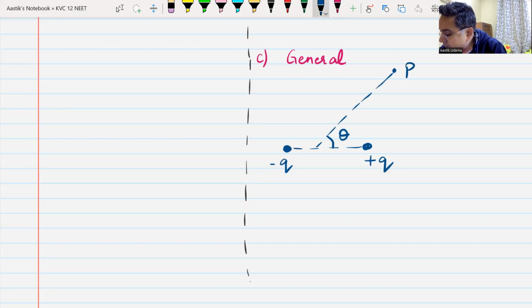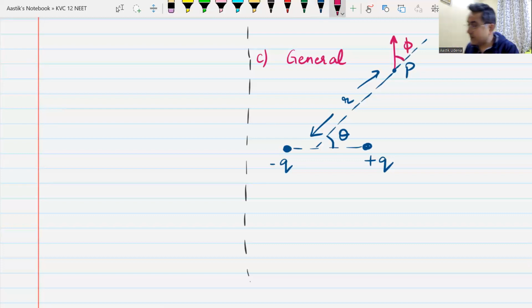This is the point P. The distance of this point P from the center is r. The electric field will go like this at some angle phi. You just need to remember the formula.